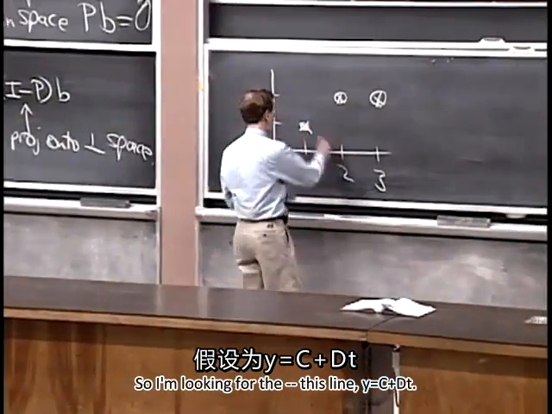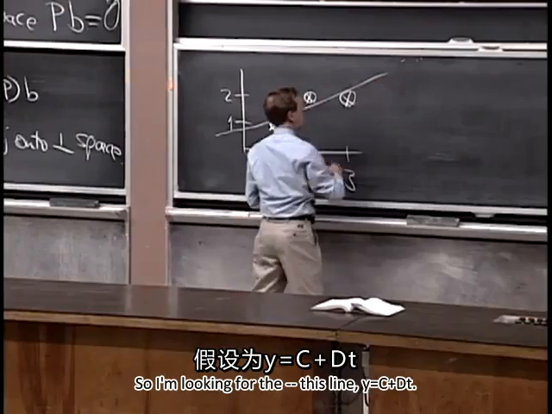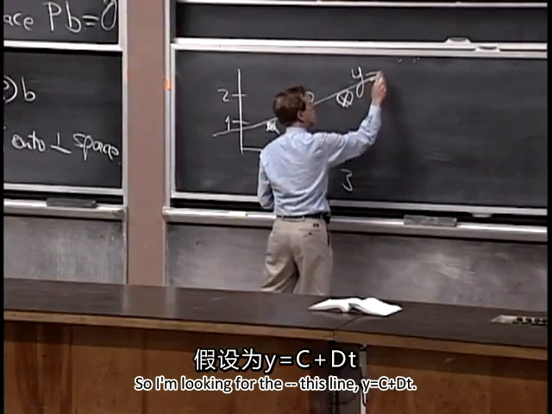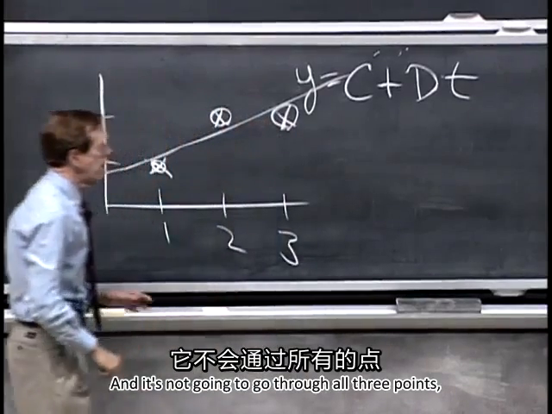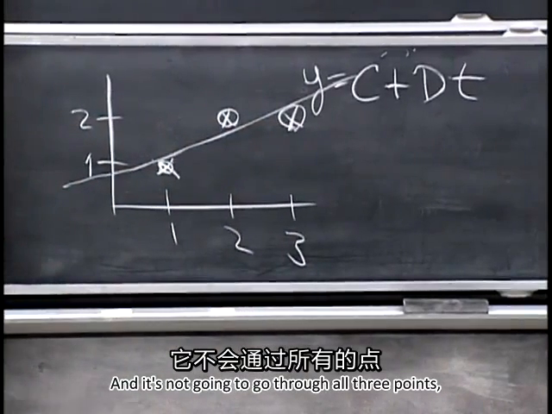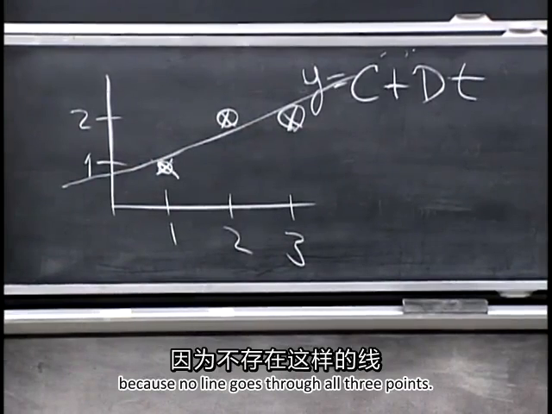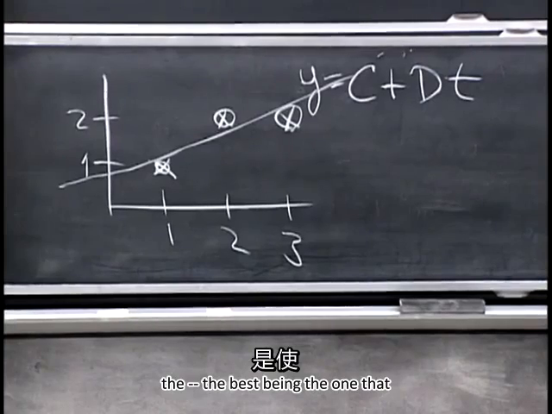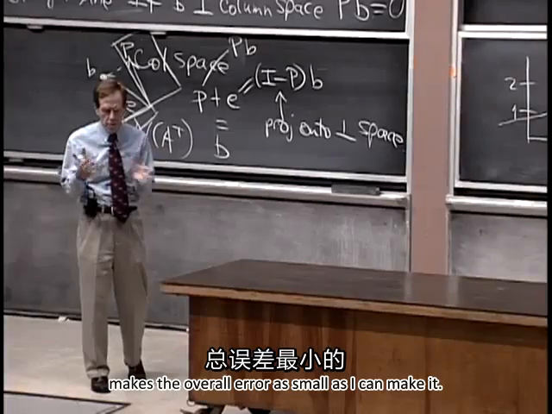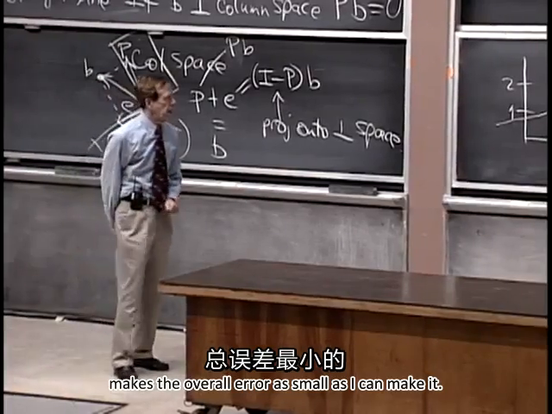So I'm looking for this line, y equals c plus dt, and it's not going to go through all 3 points, because no line goes through all 3 points. So I'm going to pick the best line, the best being the one that makes the overall error as small as I can make it.